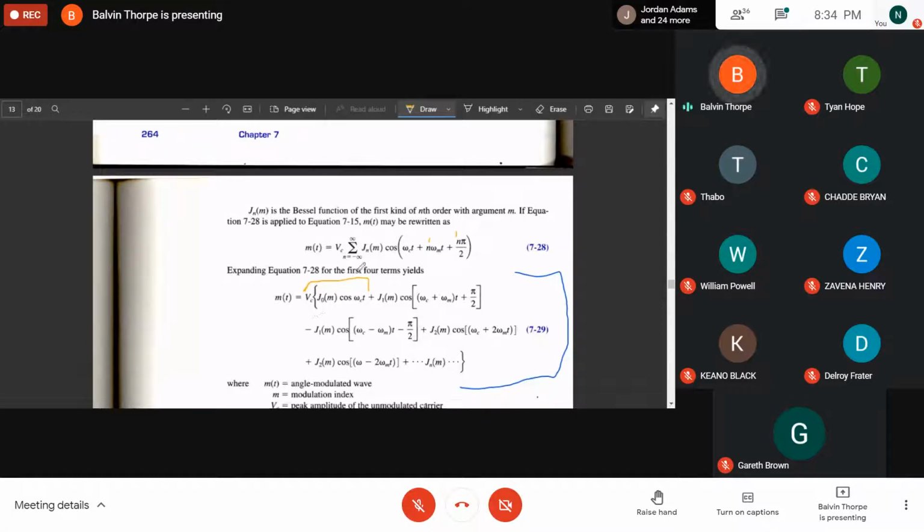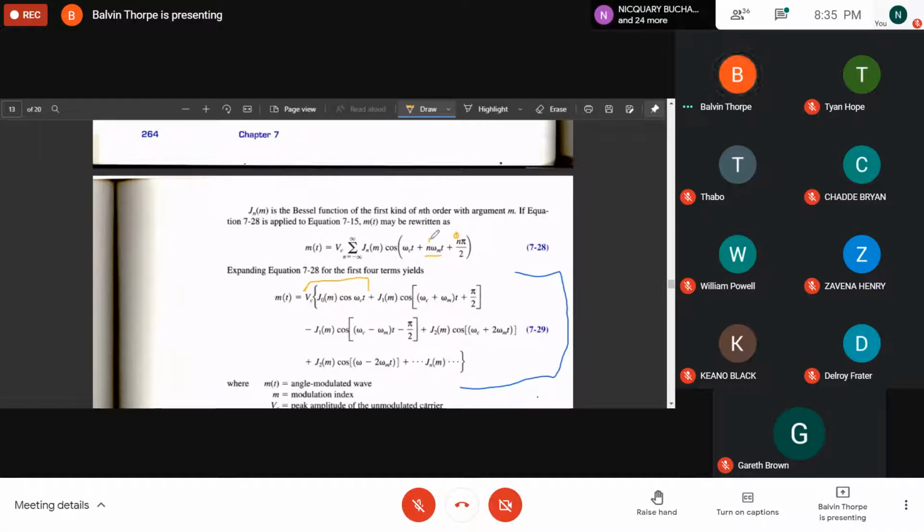The first thing you're going to get when you expand this is, let n be 0. If we let n in this expression be 0, then this will be 0 and this will be 0.